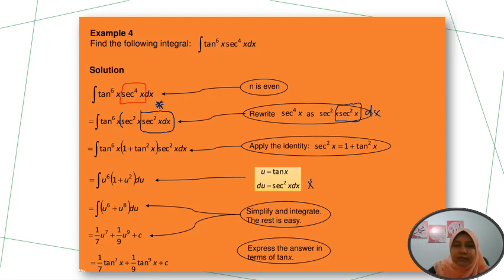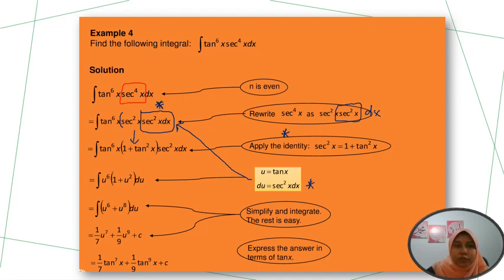So we can substitute du equal to secant square x dx into this function. But the other secant square x we have to modify using this trigonometric identity, secant square x equal to 1 plus tangent square x. So we rewrite it as 1 plus tangent x square.